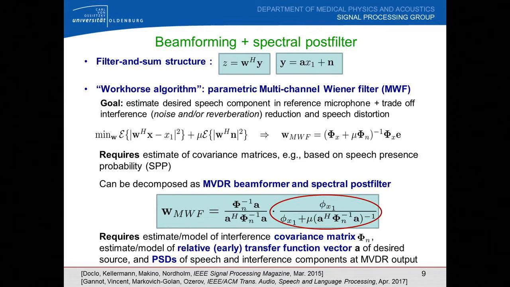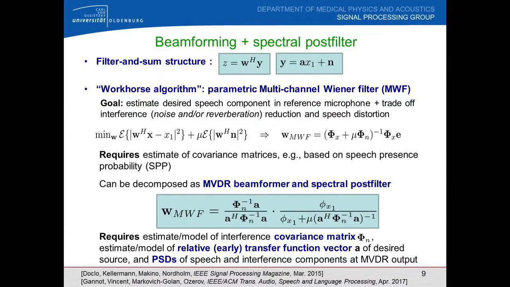That's all well known. The question for everybody still working in this field is how to estimate all these quantities. If they can be estimated in a very accurate way, you get a good performance in terms of noise reduction and also dereverberation. So this was just, in general, the multi-channel Wiener filter, also split into an MVDR beamformer and a spectral post-filter.